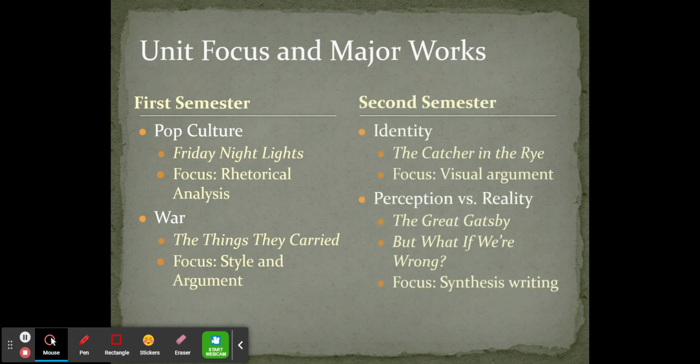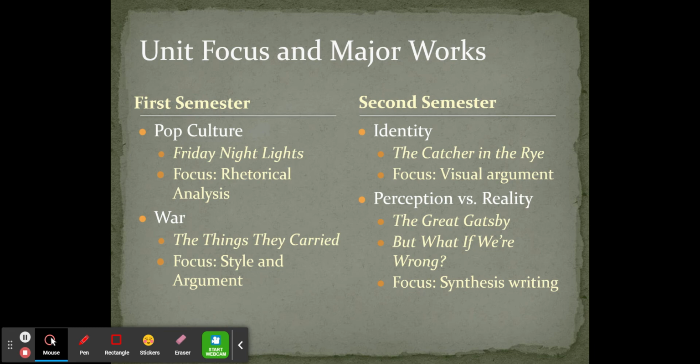In the second semester, a couple more units. The identity unit has a visual analysis component to it. As you know, I think that visual argumentation is omnipresent in our society and will only increasingly be so, so it's a valuable skill for students to have.